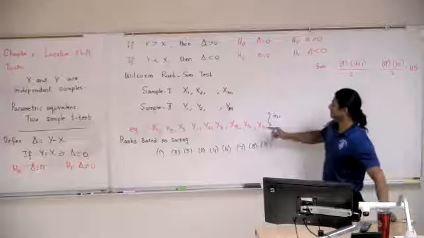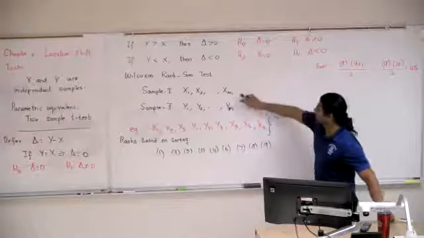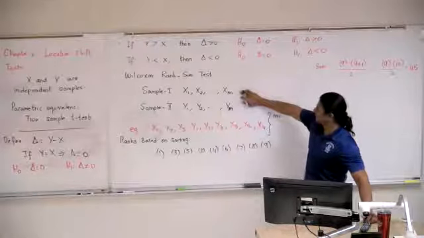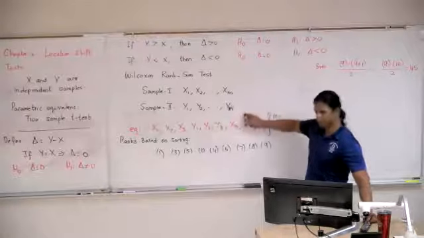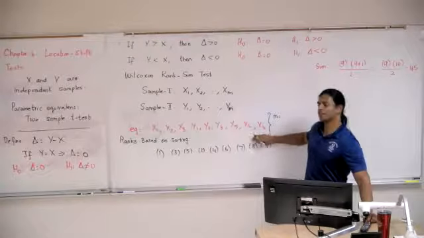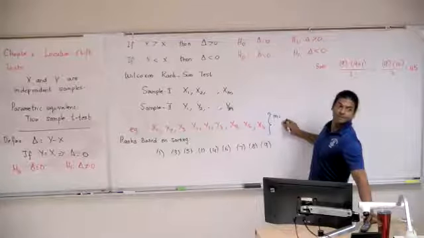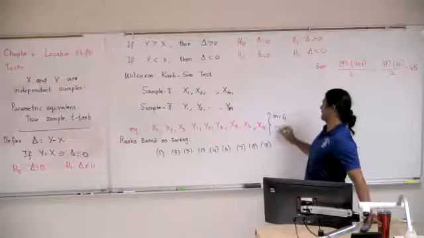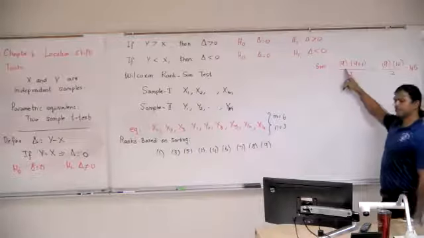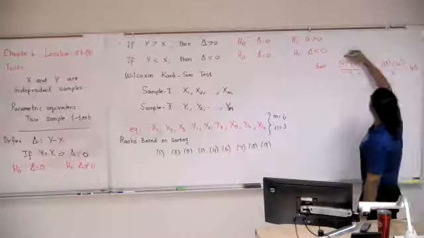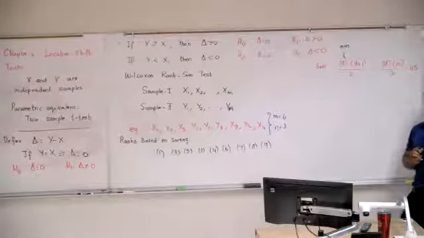I defined sample 1 as x1 through xm, sample 2 y1 through yn. I'm giving you this sample. I want to know what n is. It's 6. What is n? 3. So I can write that 9 as m plus n. Correct.